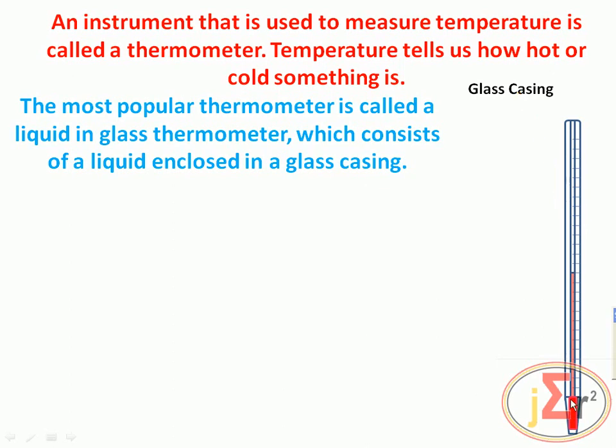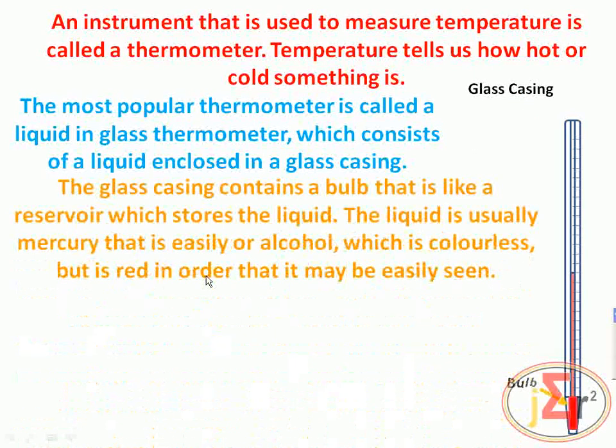And right here, notice that this is a larger place than the thin portion that we have right there. The glass contains a bulb that is like a reservoir which stores the liquid. The liquid is usually mercury that is easily seen, or alcohol which is colorless but may be colored red that it may be easily seen.